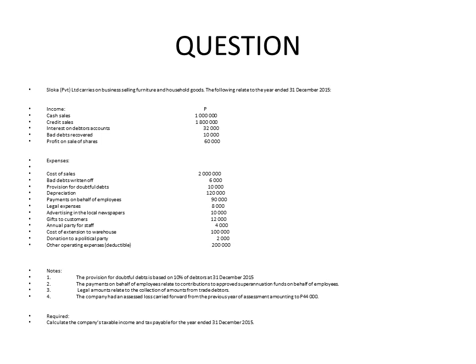Cash sales, it's part of business. That 1 million is taxable. Credit sales, yes, it's part of business. That one is taxable. Interest on debtor accounts, yes, that one is taxable. Bad debts recovered, we are going to tax those. Profit on sale of shares.